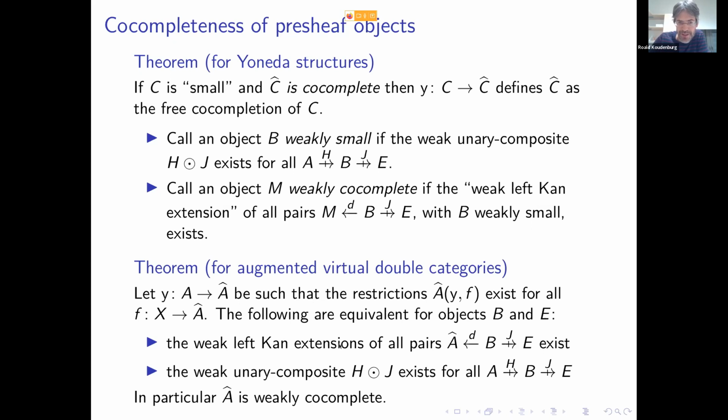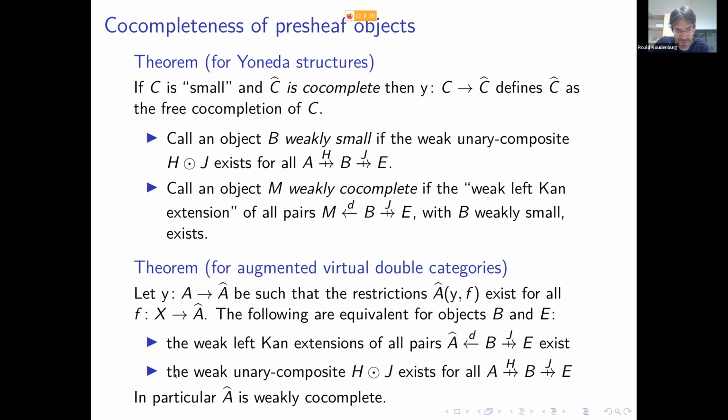If these left Kan extensions exist, then many of them will exist, those with H starting at A, right? So these Kan extensions existing is some kind of size restriction on B.